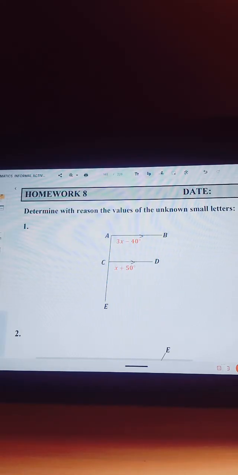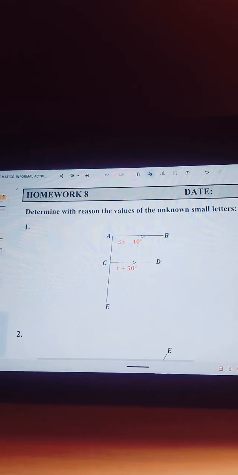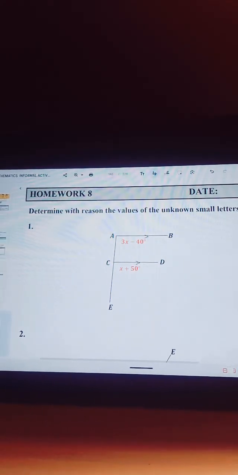Yeah, 90 degrees, very good. Be careful there. x is equal to 45 when you've corrected your mistake. Good job on your correction there.